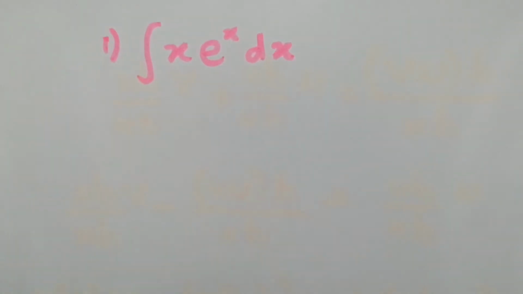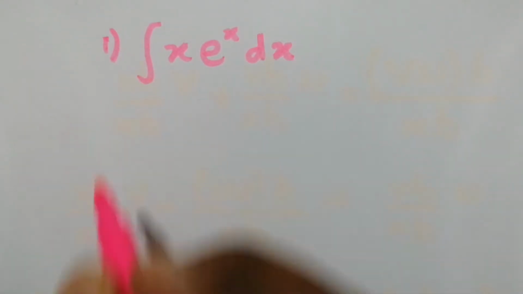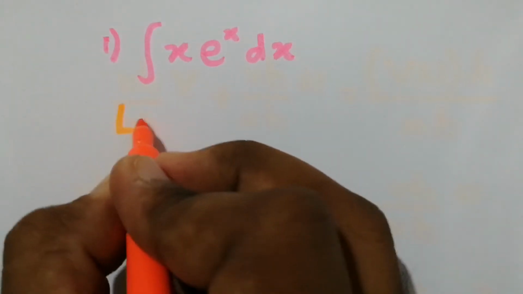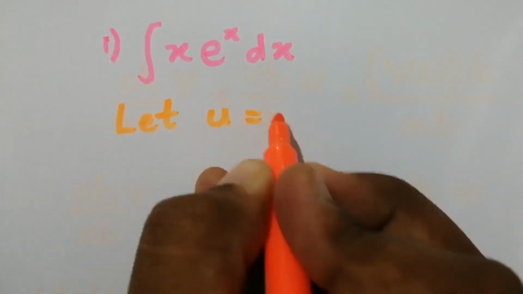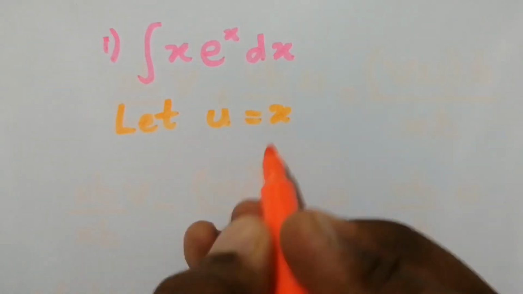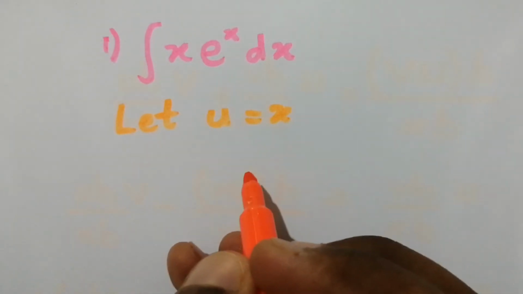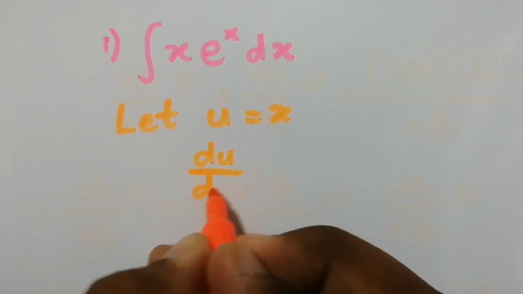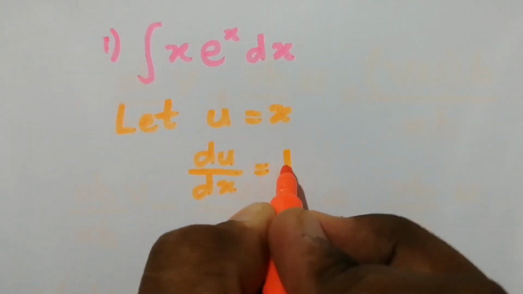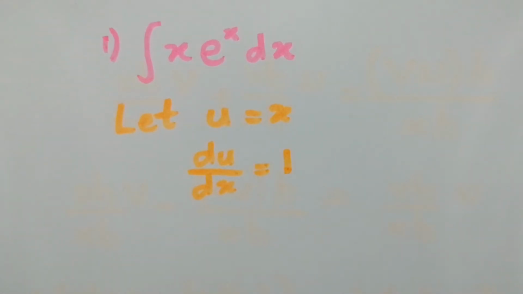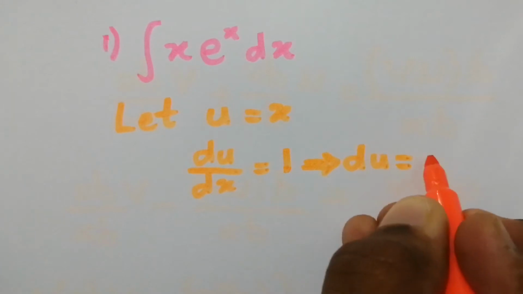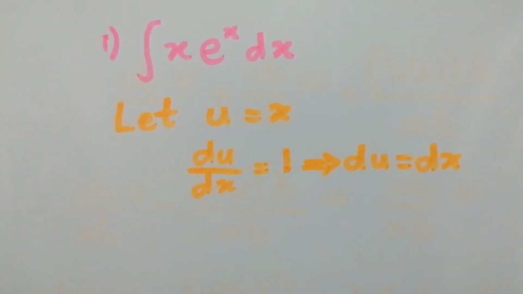When I take u equal to x, then I can differentiate this with respect to x, so du upon dx will be equal to 1. From this I can write du equals dx.